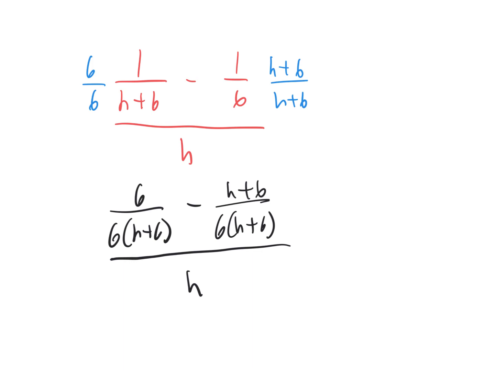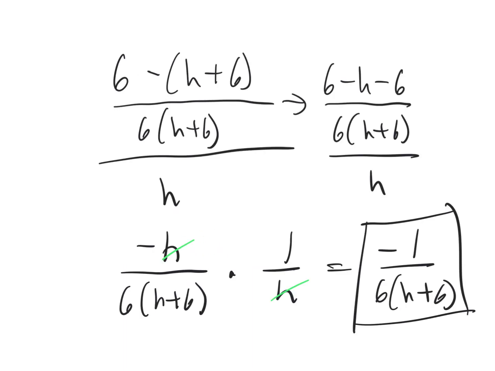So now, because we have common denominators, we can push them together. And now, this is where people tend to make a mistake. Remember how those original fractions were 6 over 6 times h plus 6 minus h plus 6 over 6 times h plus 6.